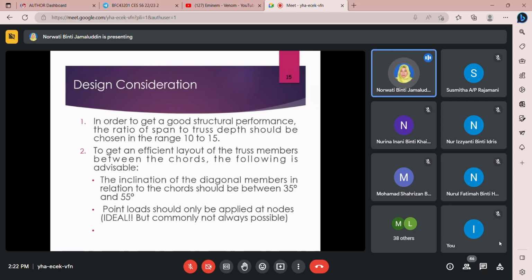In order to get good structural performance, the designer can ensure that the ratio of span to truss depth is between 10 to 15. Actually, you can use a simple formula to get the initial dimension for your truss.